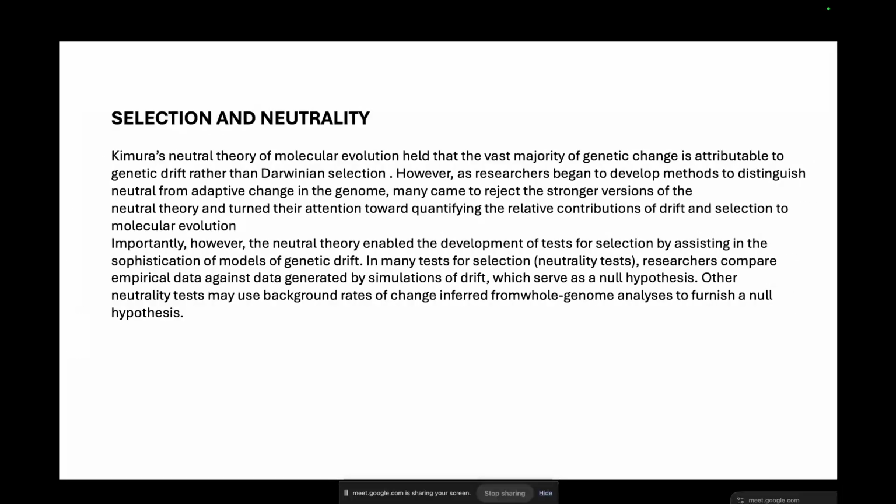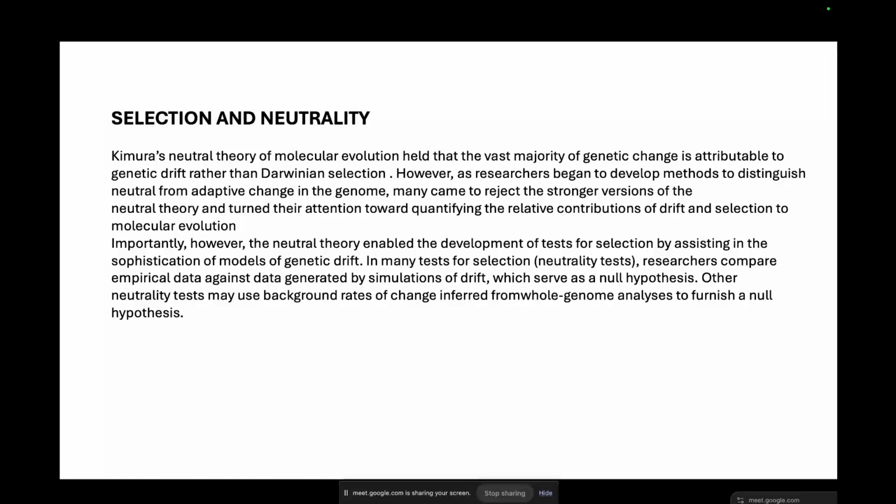Okay, so one such model is Kimura's neutral theory of molecular evolution. It says that the vast majority of genetic change is attributed to genetic drift rather than Darwinian selection. What is genetic drift versus Darwinian selection? However, as researchers began to develop methods to distinguish neutral from adaptive changes in the genome, many came to reject the stronger versions of the neutral theory and turned their attention towards quantifying the relative contributions of drift and selection to molecular evolution.